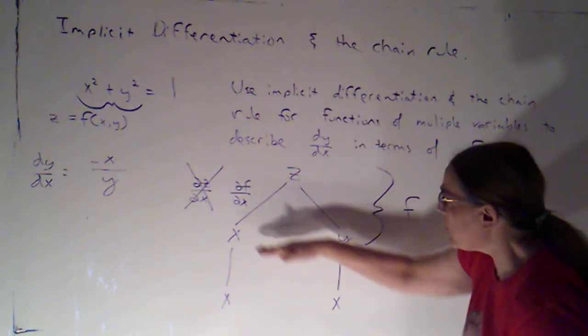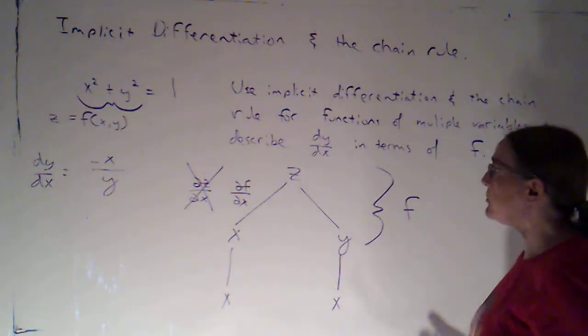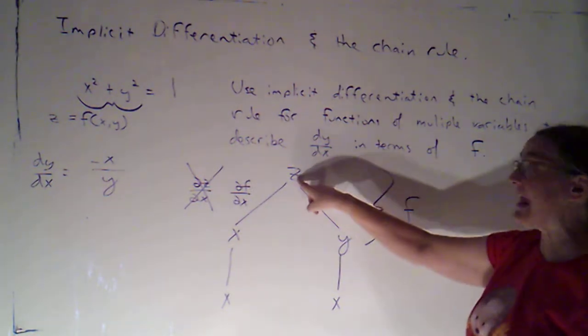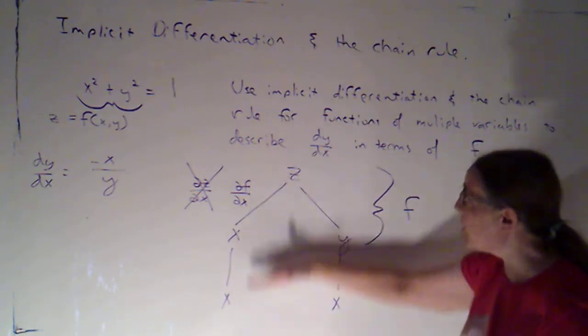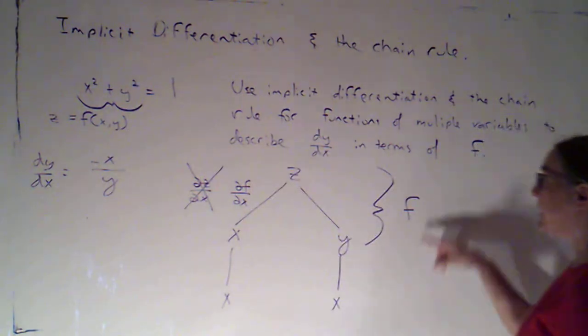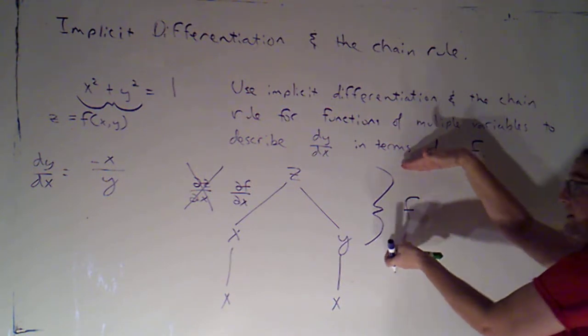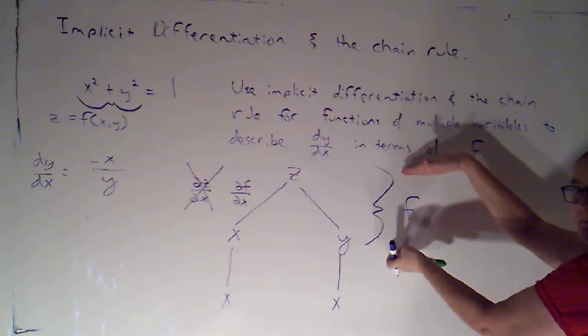So when a variable only occurs on one level, it does not make a difference whether you refer to the derivative by the name of the function or by the output of the function. But when a variable occurs on multiple levels, you want to use the name of the function to say, hey, I'm only talking about the relationship between x and the output at this top level.